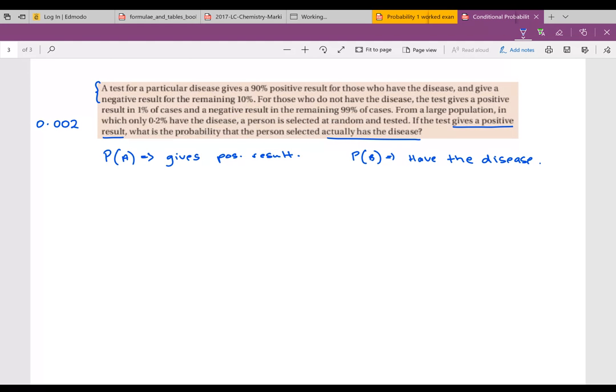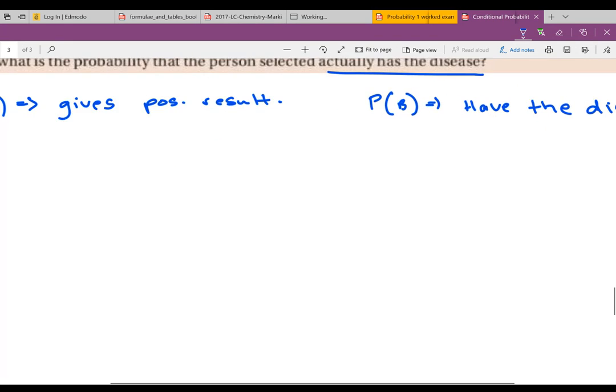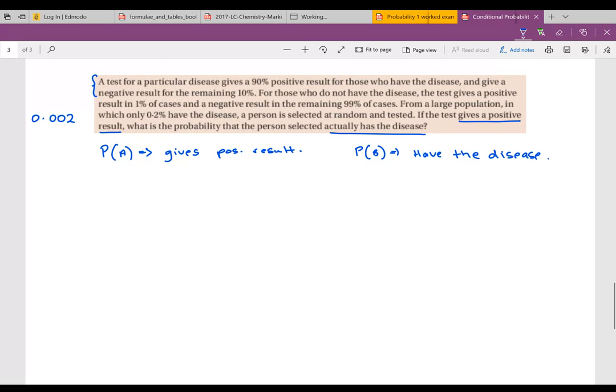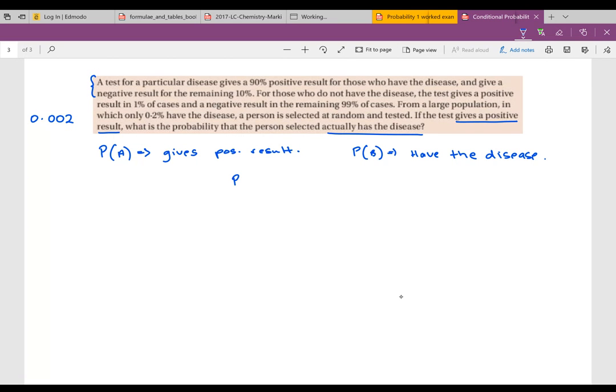So what I'm actually looking for is the probability that you have the disease given that you have tested positive. Given that there's a positive test, so that's the one that I know, what's the probability that you actually have the disease?